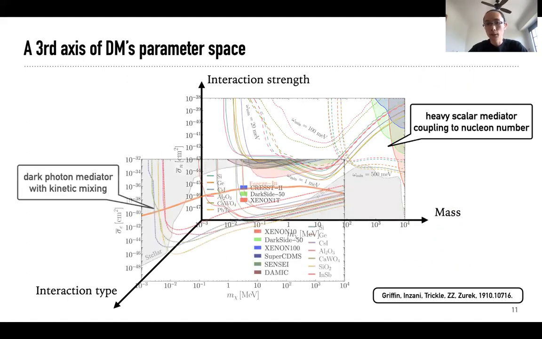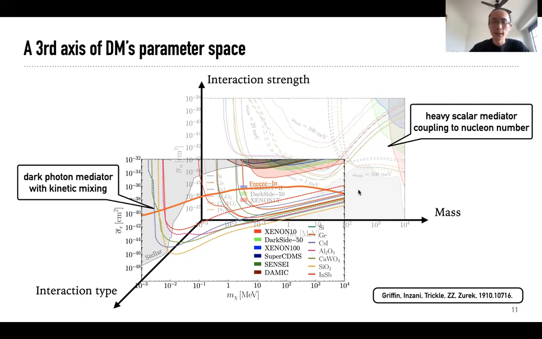We can look at other models, say a dark photon mediator with kinetic mixing. And here we get a different set of curves for the predicted reach. And also the conclusion on which material will do better will also be different.